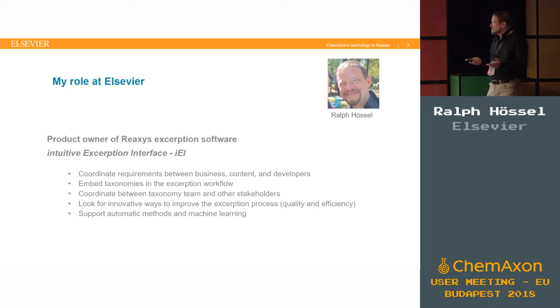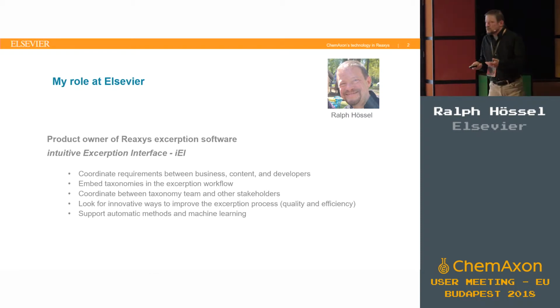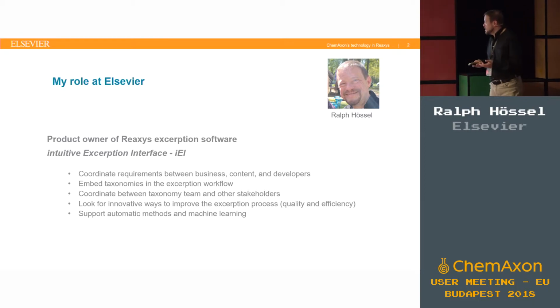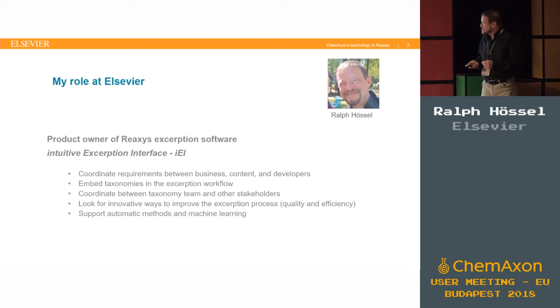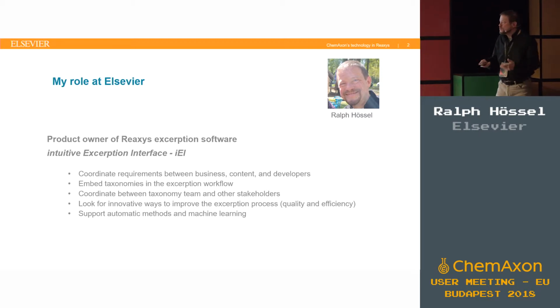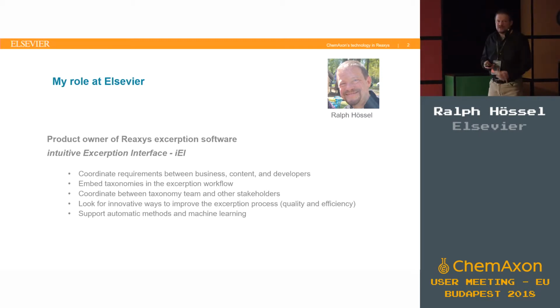And in the background, of course, we are always looking for innovative ways to improve the excerption, both in terms of quality and efficiency. And also automatic methods and machine learning play more and more a role in the day-to-day work.